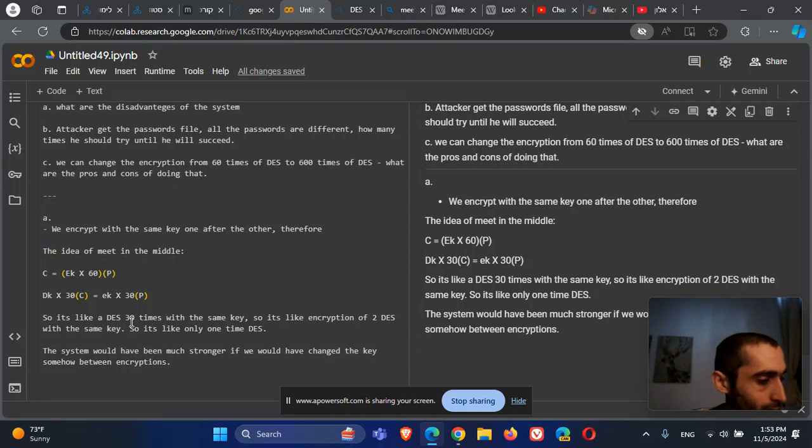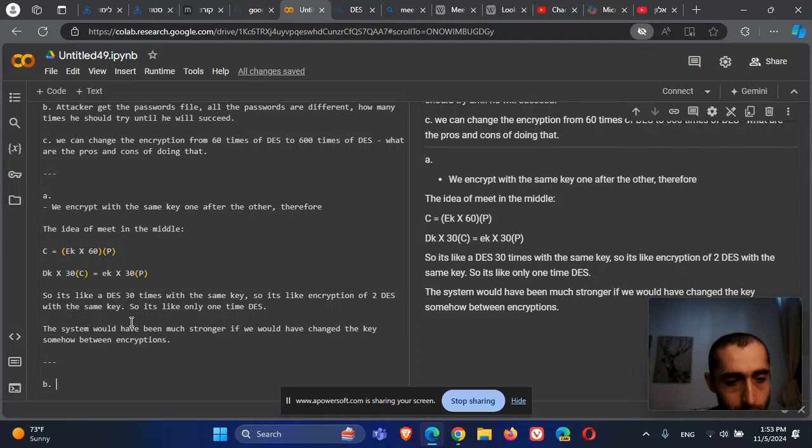So we have in B n users, all the passwords are different.